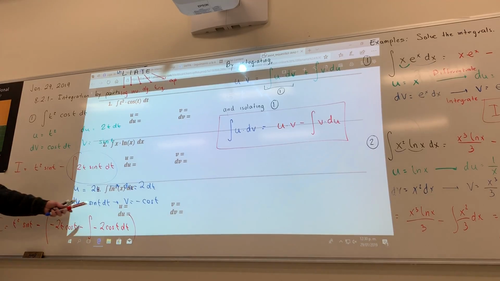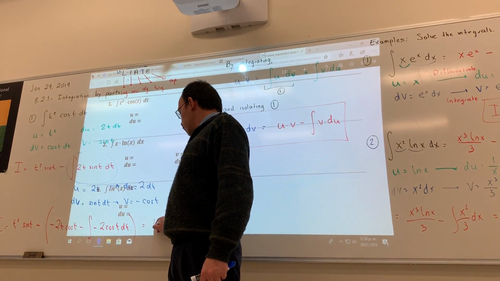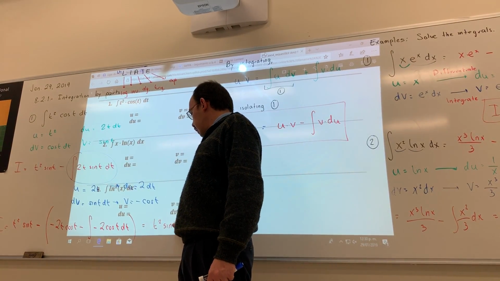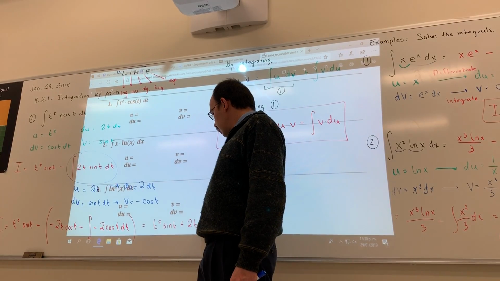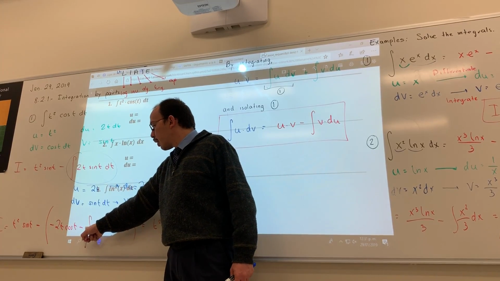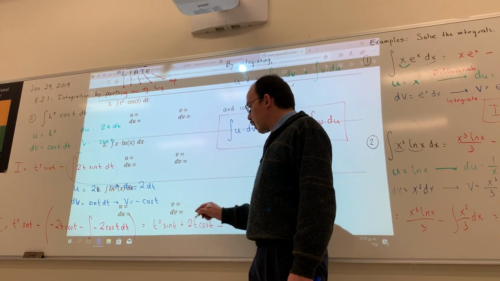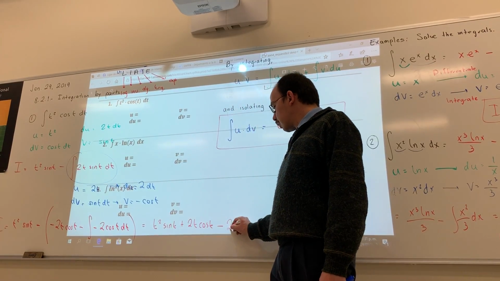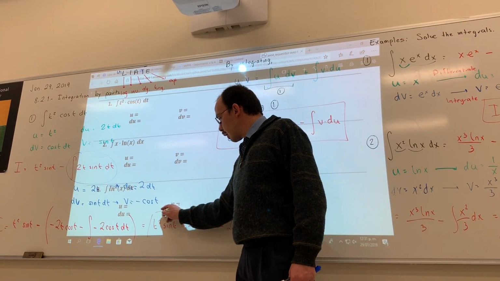Can I solve this integral now? Yes. t squared sine of t, minus, minus plus 2t cosine of t, minus, times minus plus times minus minus integral of 2 cosine is 2 sine of t, plus c. That's my answer.